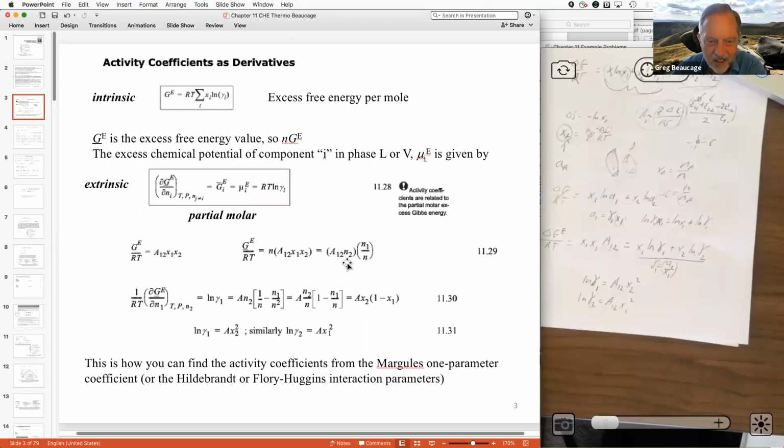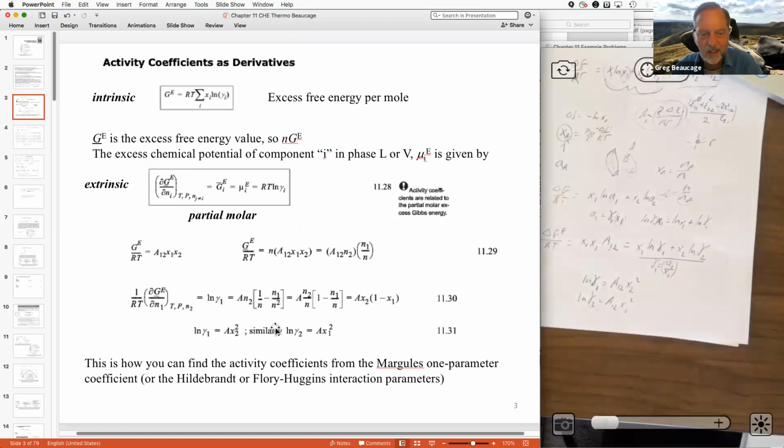You multiply by n, you just have n2. You're going to do the derivative with respect to n1. n2 doesn't depend on n1, that's just a prefactor. n1 depends on n1, so you end up with 1 over n1. And n depends on n1 because n is n1 plus n2. That ends up giving you n squared times n1 because it's the derivative of 1 over n and the derivative of n1 plus n2, which just ends up giving you n1.